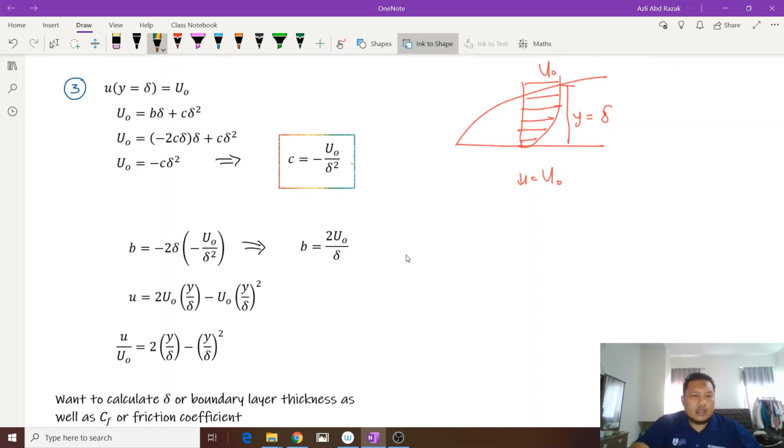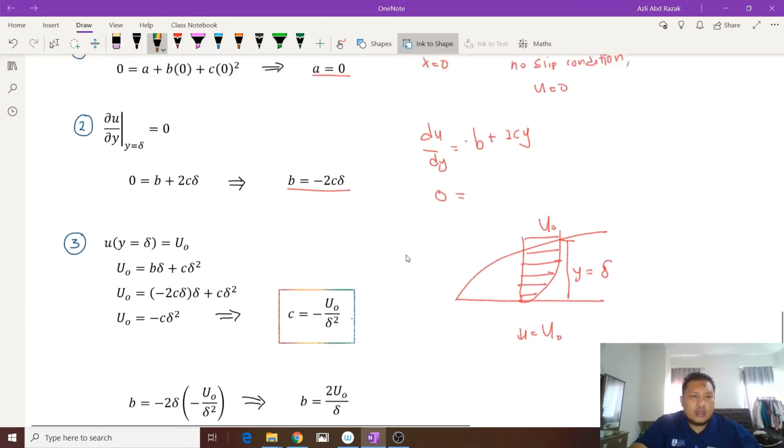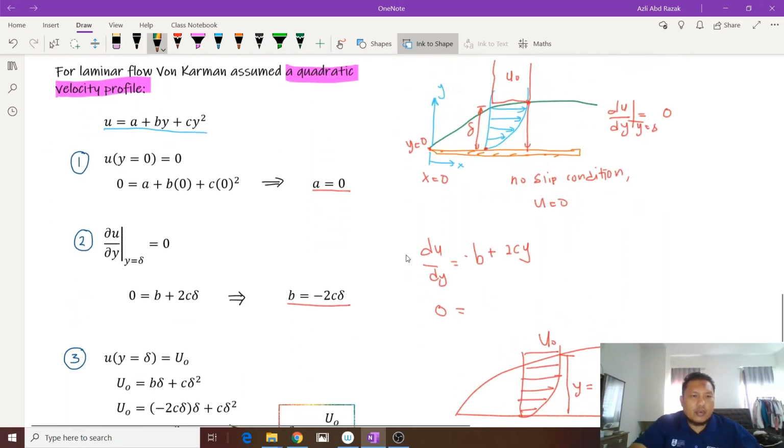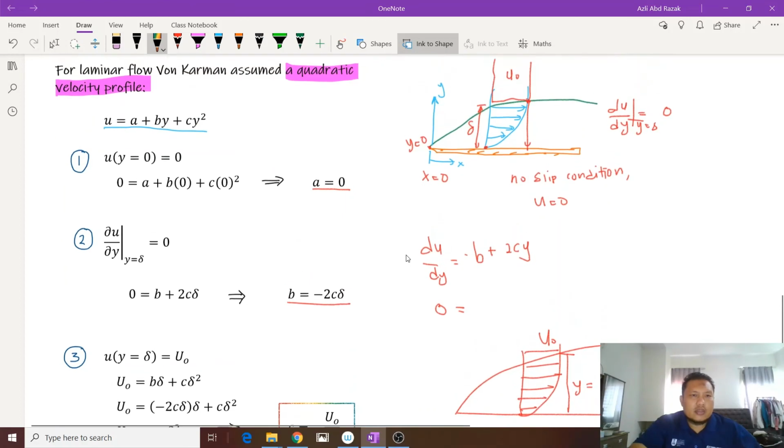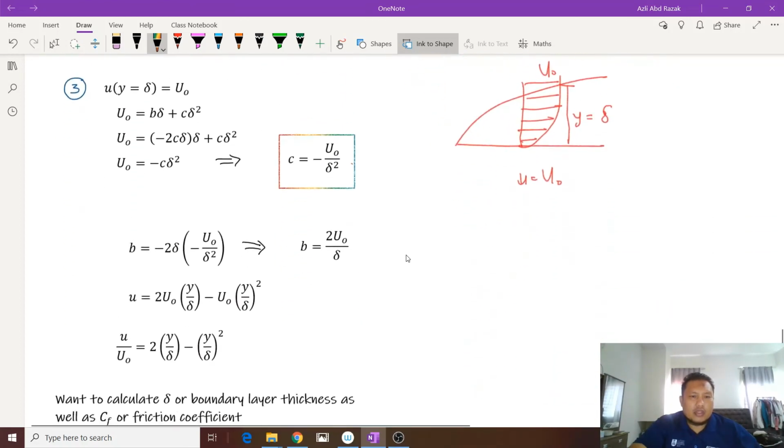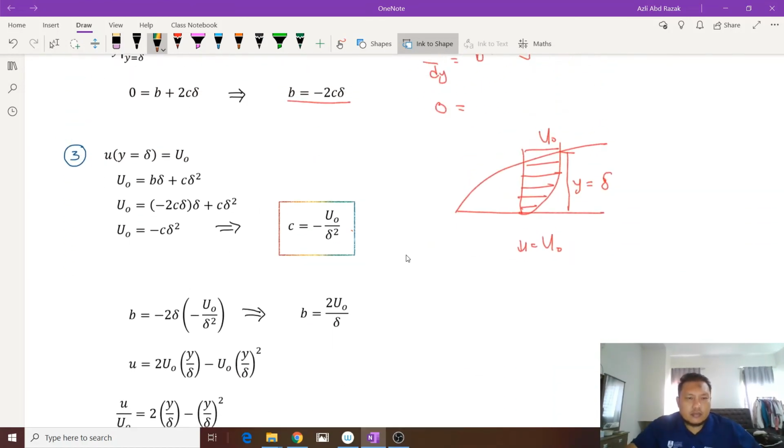I prefer to put in the original equation. So we know that b equal to minus 2c delta. So you substitute these equations back into this one. And then we have b equal to 2 u naught over delta.